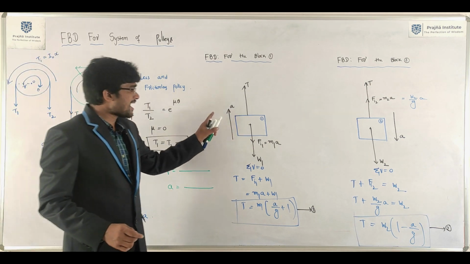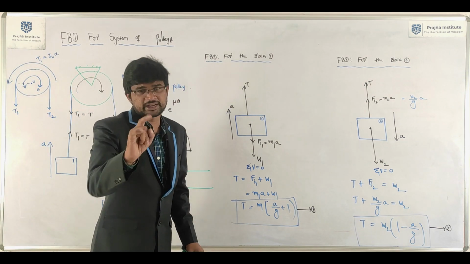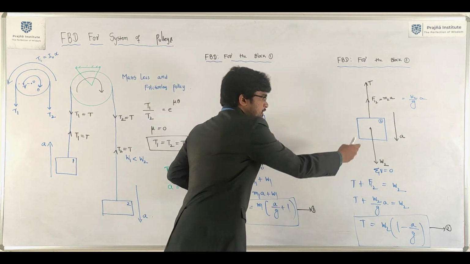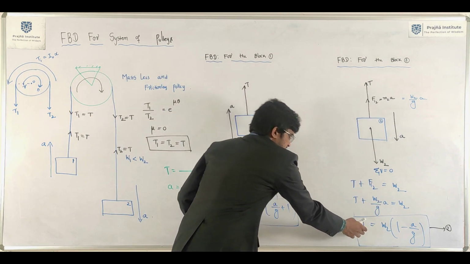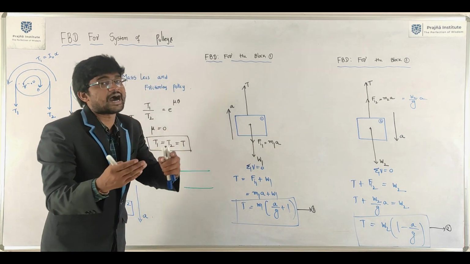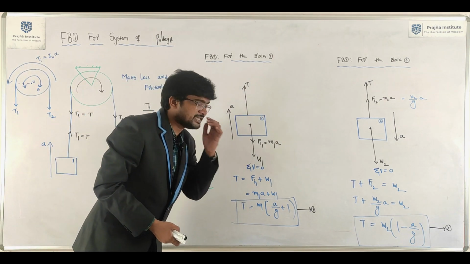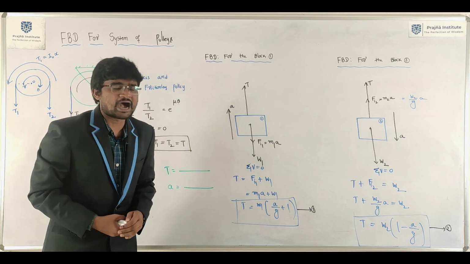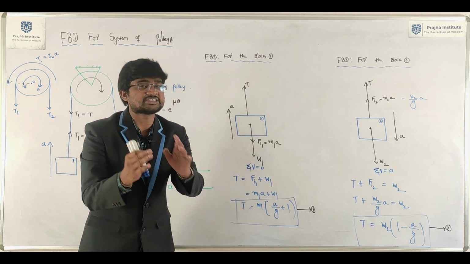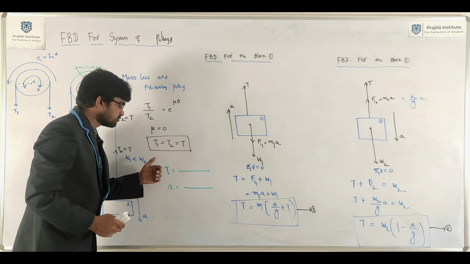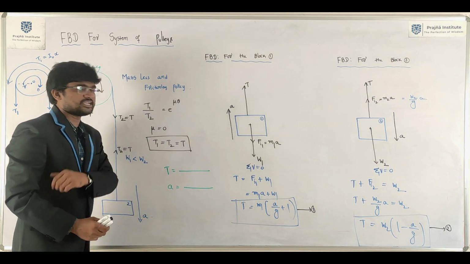So from every free body diagram you will get one equation. Okay, 2 free body diagrams, 2 equations, we can solve 2 unknowns. That is the format. We are having 2 equations in our hand. Now we need to solve these 2 equations to derive an expression for tension and acceleration.